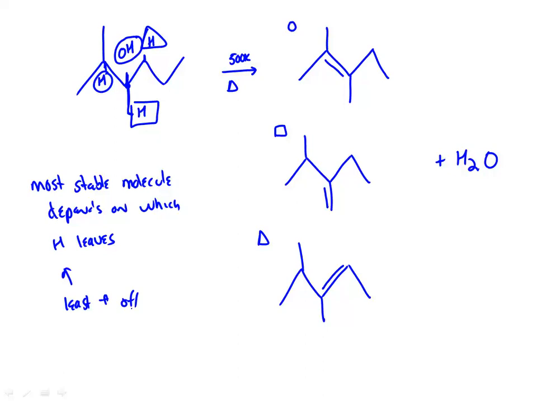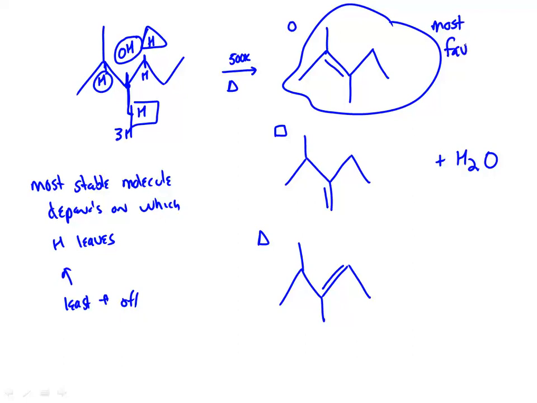And so what I'm saying is that if I look at this one, there's 3 hydrogens on that, right? There's 2 here, and there's only 1 on this one. So we should expect this one to be the one most likely to leave. And that's kind of a lazy circle. It's an ugly circle. But that one is our most favored.